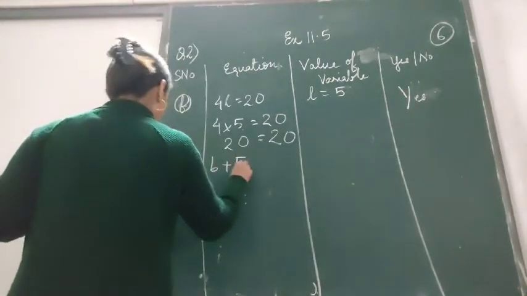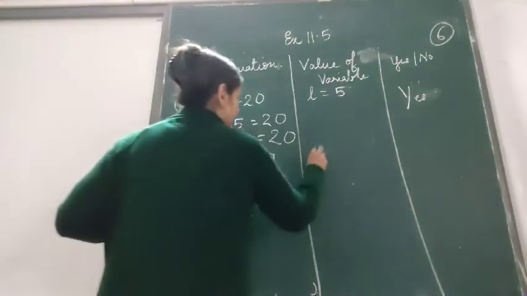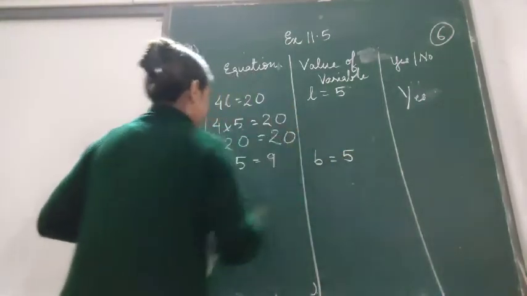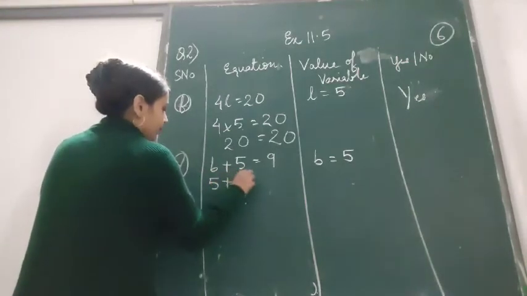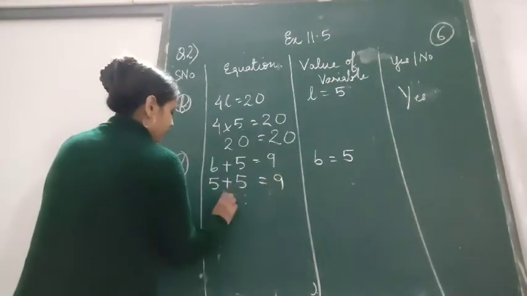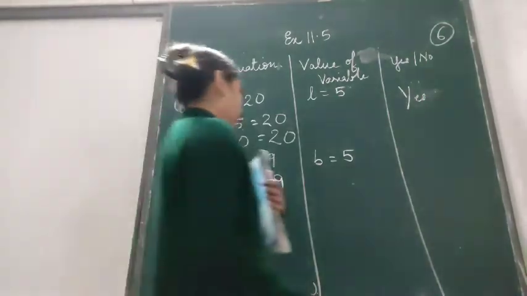B plus 5 is equal to 9 and B is equal to 5. So putting the value of B as 5, 5 plus 5 gives us 10. Are they equal? No, they are not equal.